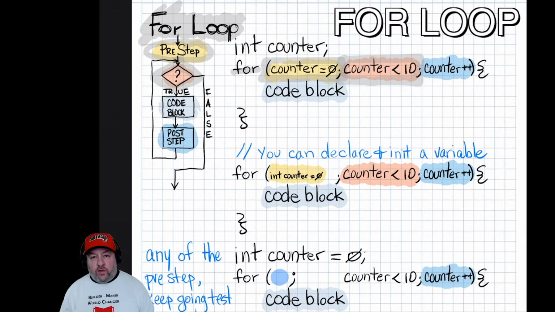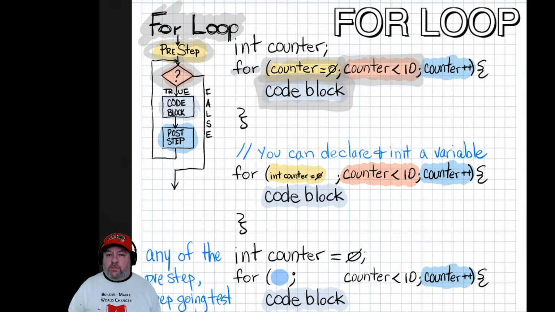Then, if the decision evaluates to true, the code block is performed, and after the code block is performed, a post step is done. There's a difference between the pre-step and the post-step in that the pre-step happens just once, but the post-step happens each time the code block is executed.